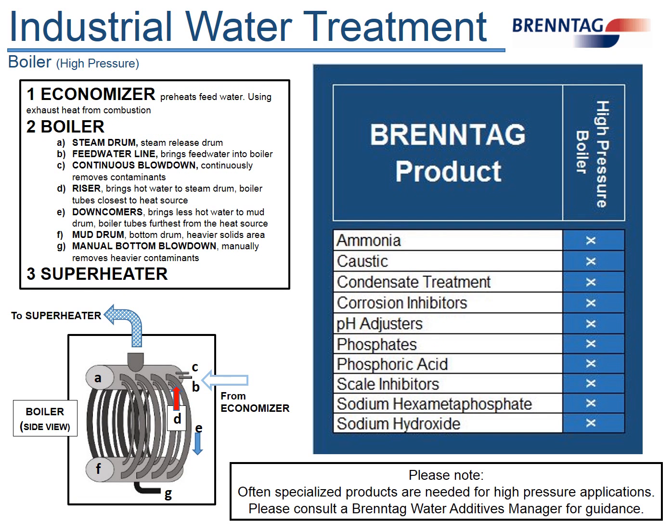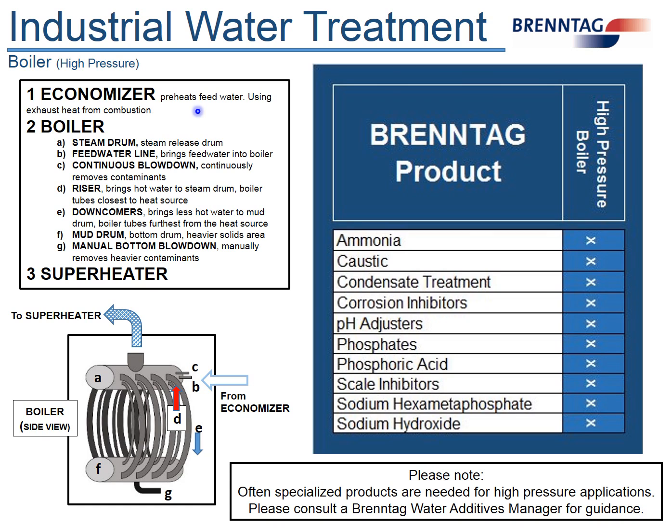The second page outlines many of the products that Brenntag offers for use in high pressure boilers. This is a side view of a boiler showing the steam drum, the mud drum, the risers, the downcomers, the bottom blowdown, feed water, and continuous blowdown, and also the steam going to the superheater.